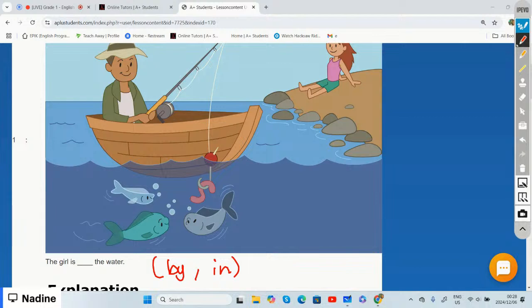If we were to look where the girl is, and if we were to select the correct preposition within that sentence, then we can say the girl is in the water.